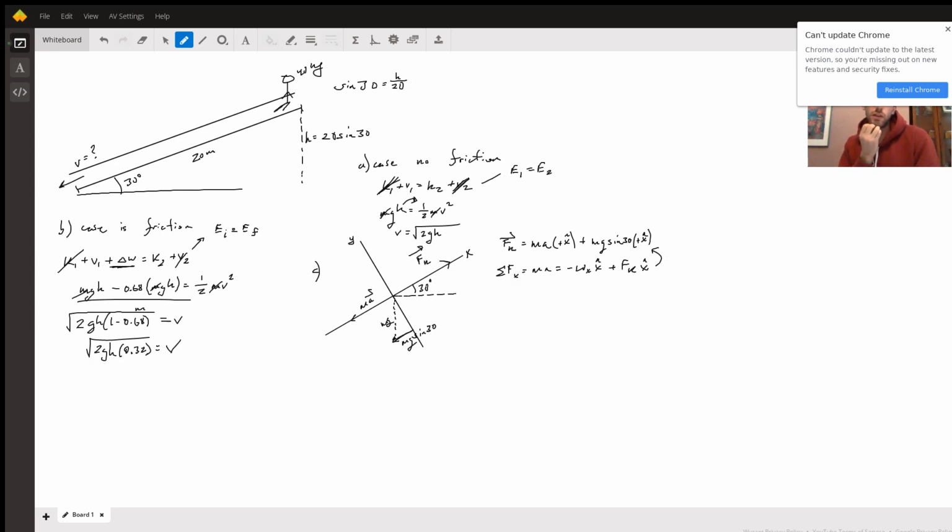So let's see here, let me see if I did everything correctly. I'm not sure if this is exactly correct. It might actually need to be ma is equal to the weight minus F of k.